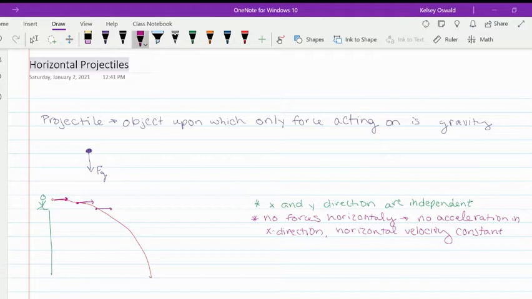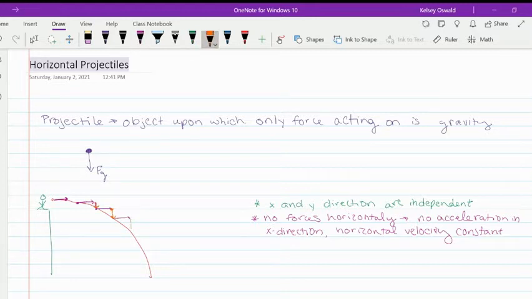Okay. However, if we look vertically, now we have that force of gravity acting in that vertical direction. So that velocity in the y, or in the vertical direction, is going to become increasingly negative, or increasingly directed in the downwards direction. Okay, so as we go on, that vertical or that y velocity is going to increase. Okay?